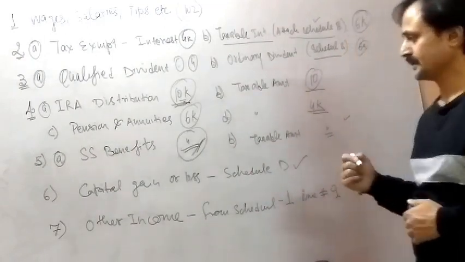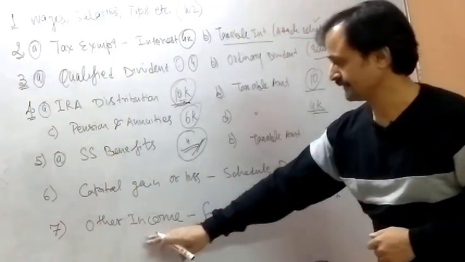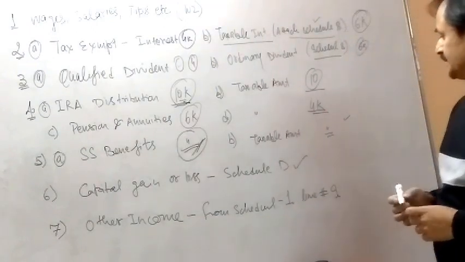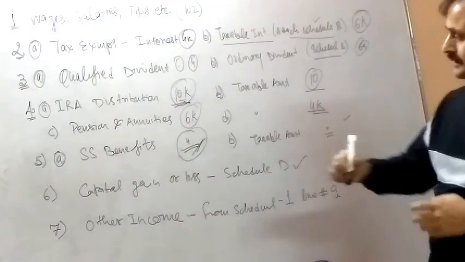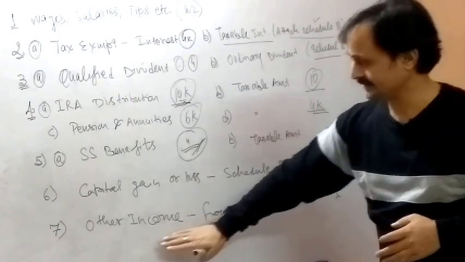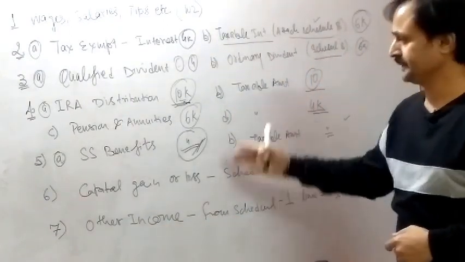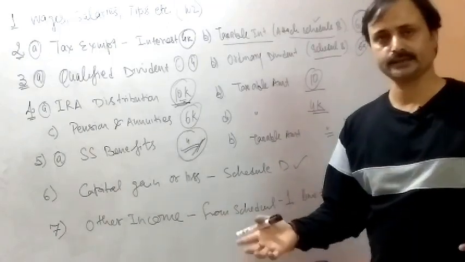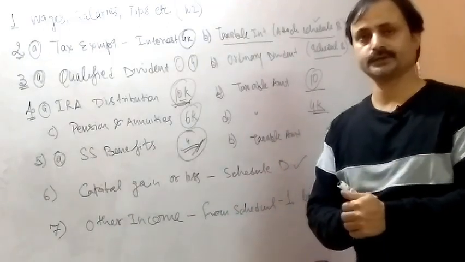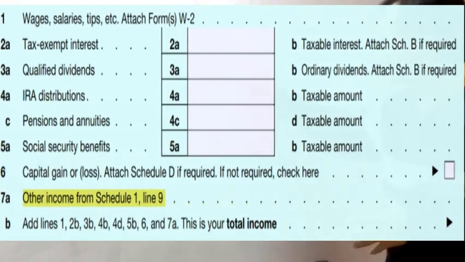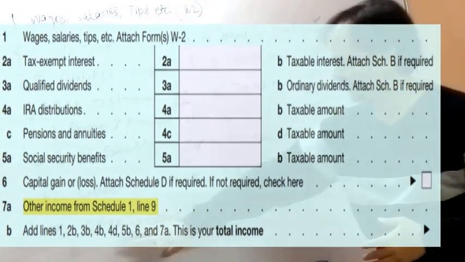Then number 7, other income, from Schedule 1, line number 9. On the very first page, up to line number 7, whatever sources of income there are will be written here, and how much income they earned, whether non-taxable or taxable, all the details we can find here. Now, what is other income?